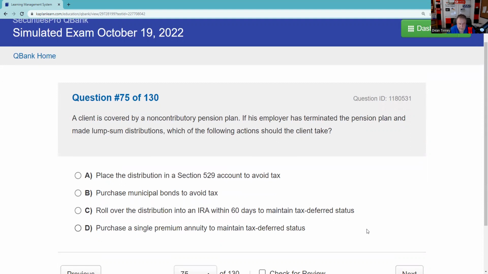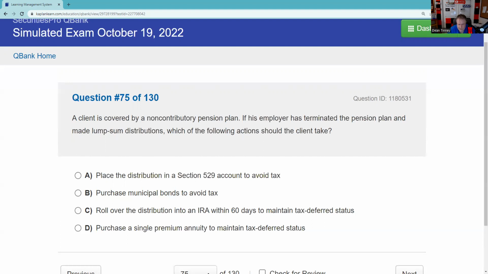A client is covered by a non-contributory pension plan. So that means you don't have to put any money into this thing. Non-contributory. Contributory would mean where the employee has to contribute something for their retirement. So that's what that means in plain English. The client terminates and takes a lump sum. So you leave and you take the money.